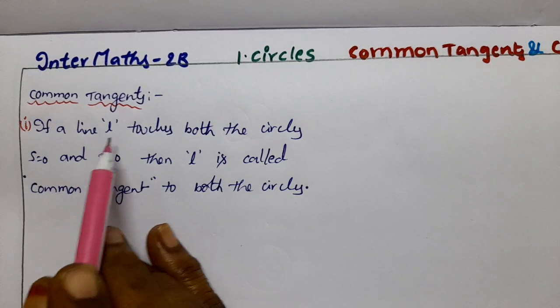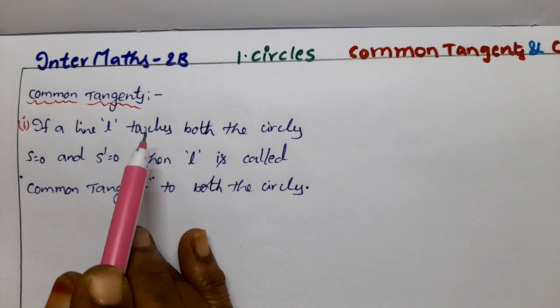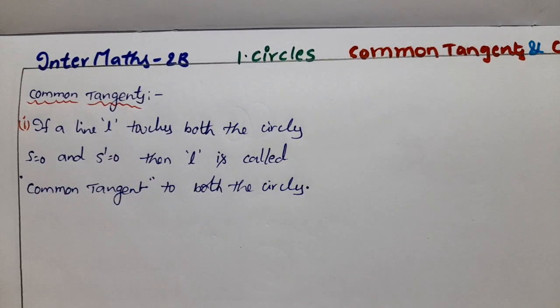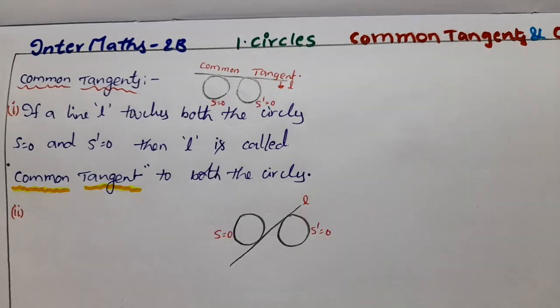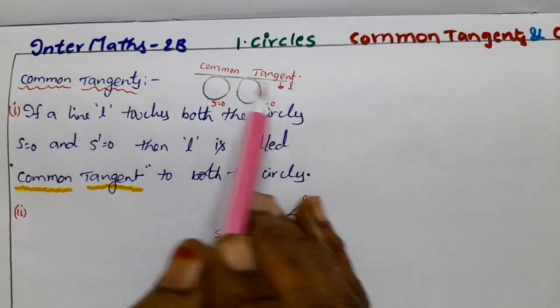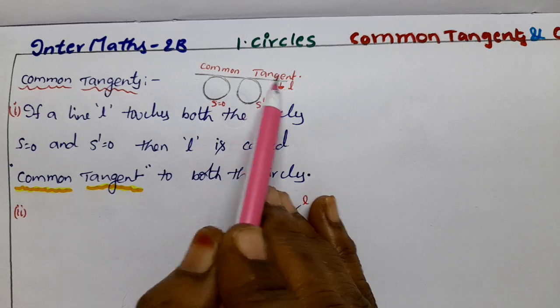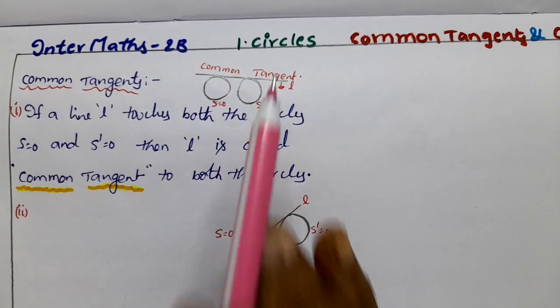If a line L touches both the circles, then that line L is called a common tangent.